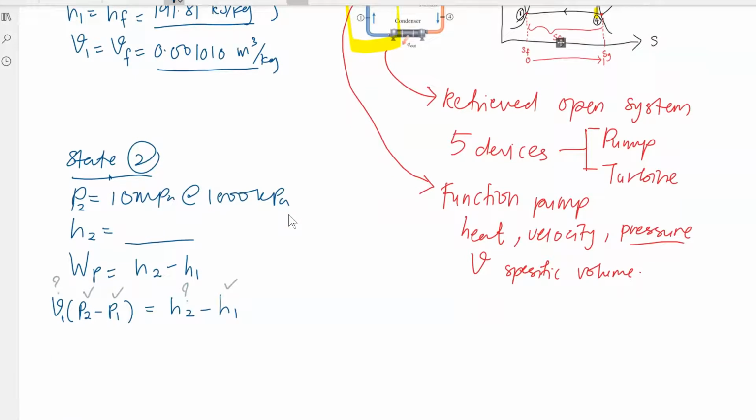Okay, so how are we going to rewrite this one? You are actually looking for your H2, right? What is the value of your H2 over here? So you are going to rewrite H2 is equal to H1 plus your specific volume at 1, times P2 minus your P1.